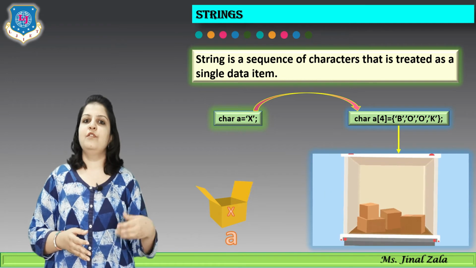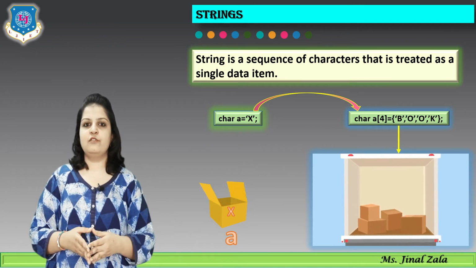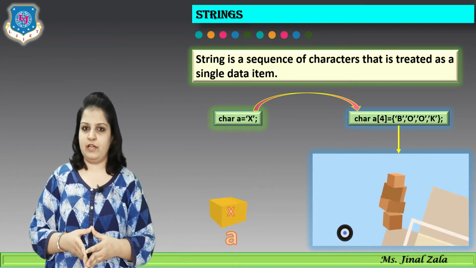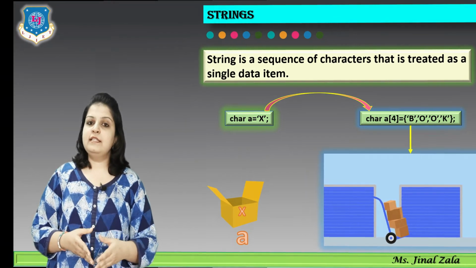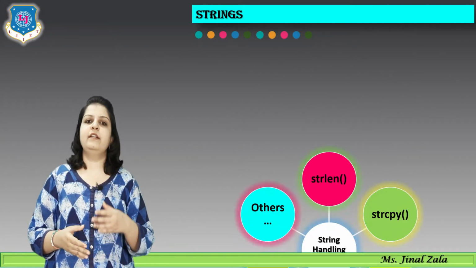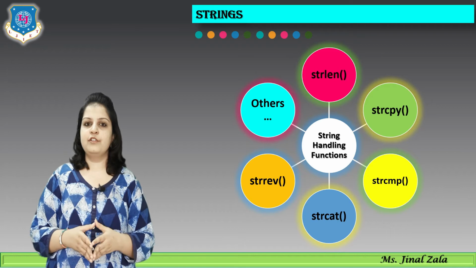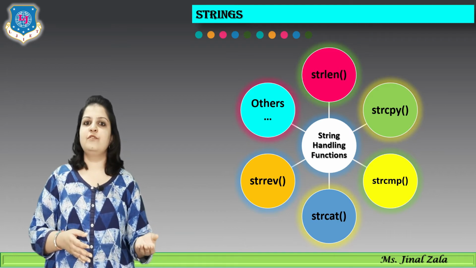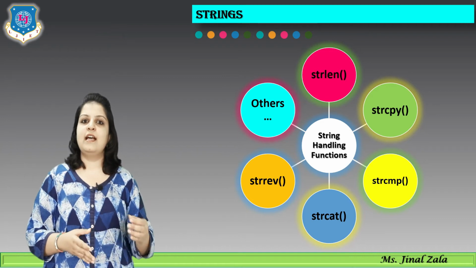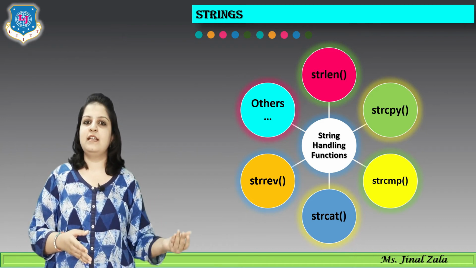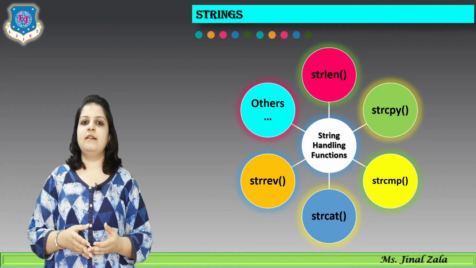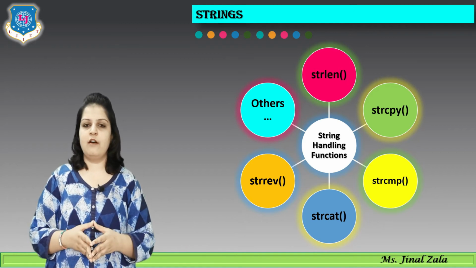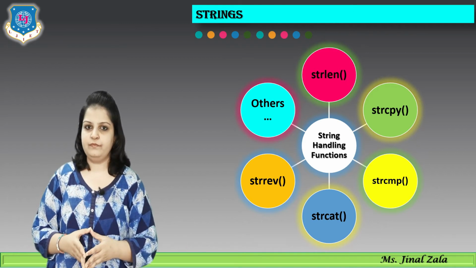Suppose you want to store your name in a single variable, so this is nothing but string. And in the string chapter we will learn different types of inbuilt functions for string, like the strlen function, which is used to find string length, then the strcat function, the strcpy function, and many different types of functions available for string.